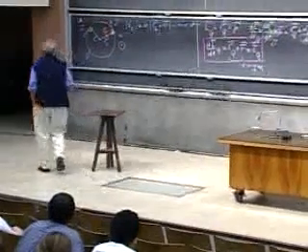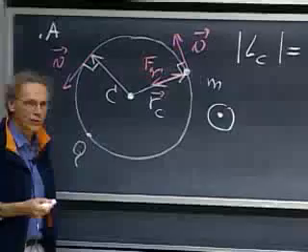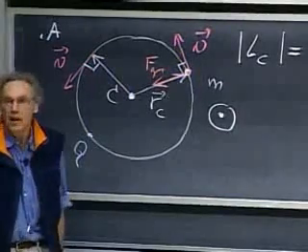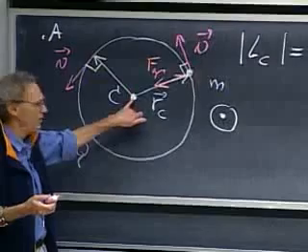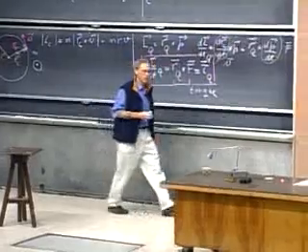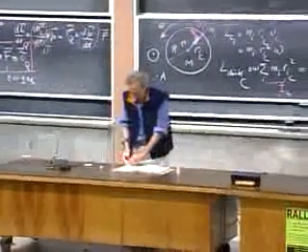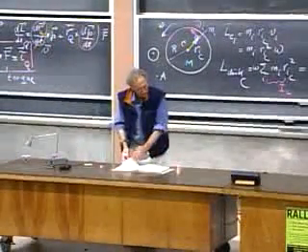If you want to talk about the orbital angular momentum of the Earth, however, you better do it relative to that point. Otherwise, it would be changing in time. It's only uniquely defined if you take this special point. Because only about that point, which is the location of the Sun, is the orbital angular momentum of the Earth not changing.